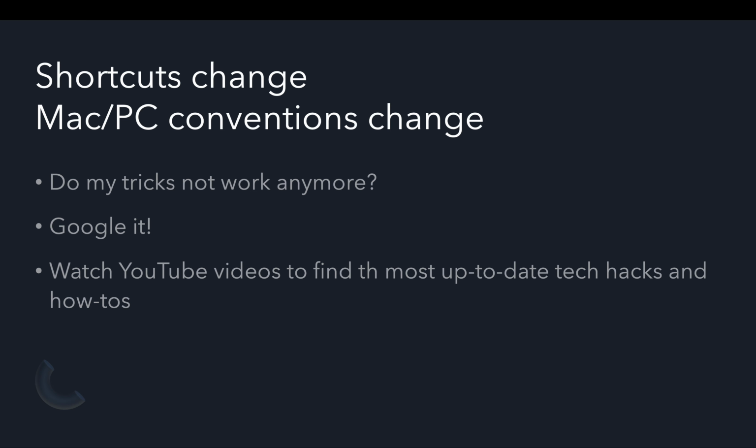So if, for instance, you have a Mac and for some reason Command-Shift-F4 no longer works as a shortcut for taking a screenshot, then just Google Mac, and then write in Command, Shift, F4, how to do it now? And you will find new ways of doing things.